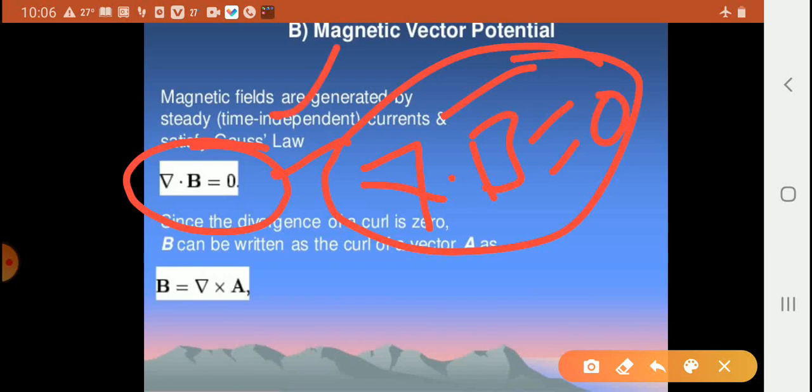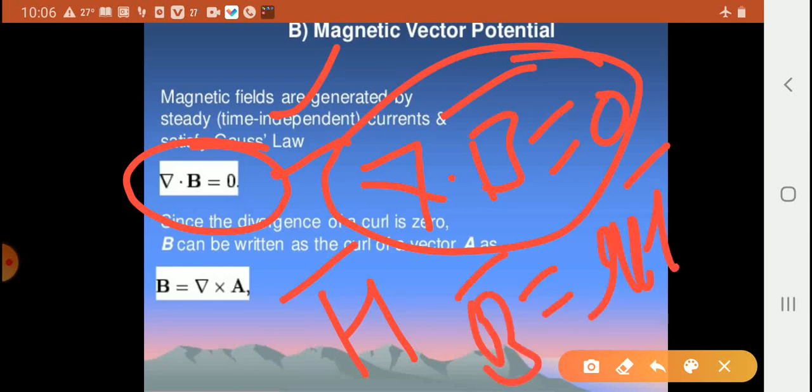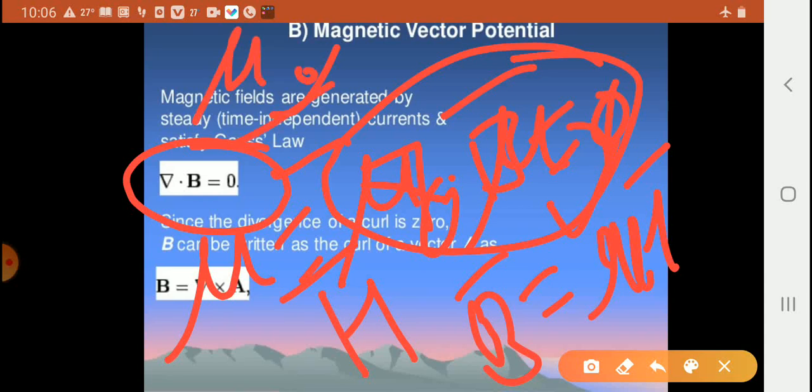The magnetic flux density B is related to the magnetic field intensity H as B vector equal to mu H vector. Mu is the permeability of the medium. Mu equal to mu 0 mu R, where mu 0 is the permeability of free space and mu R is the relative permeability.